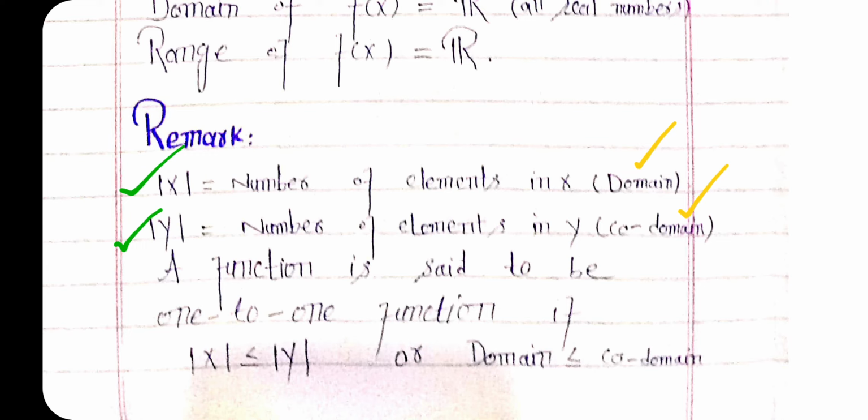A function is said to be possibly 1 to 1 if the cardinality of the domain is less than or equal to the cardinality of the codomain. If the cardinality of x is greater than the cardinality of y, then such functions never become 1 to 1 functions. We can learn these terms easily from here.